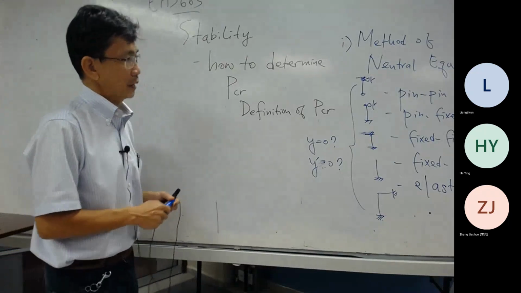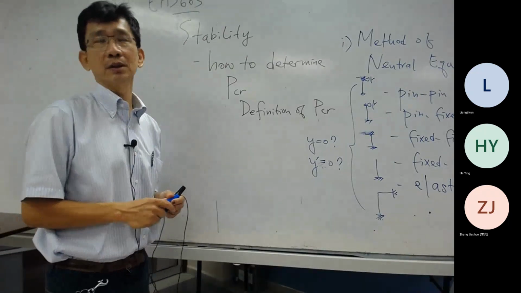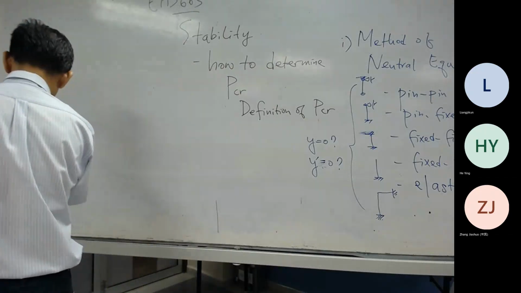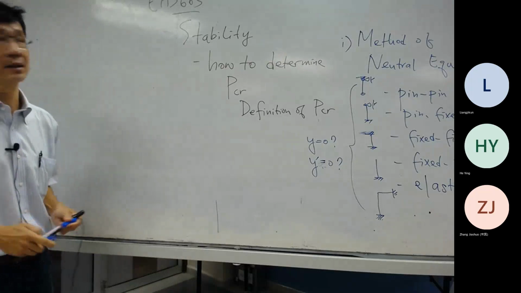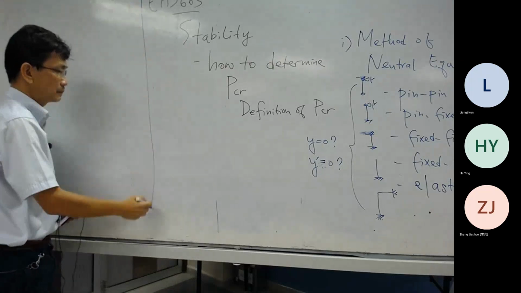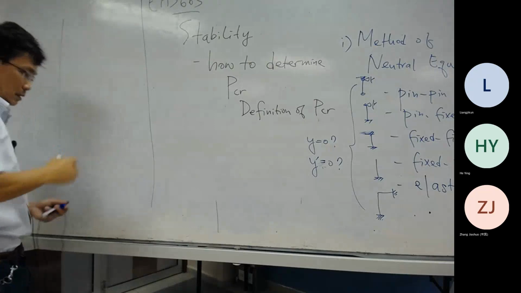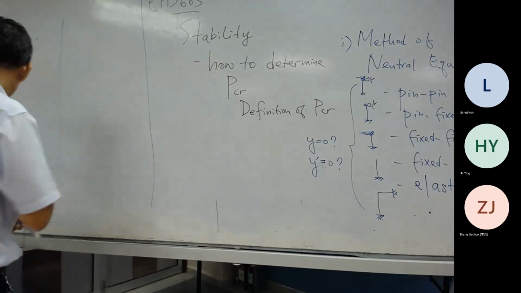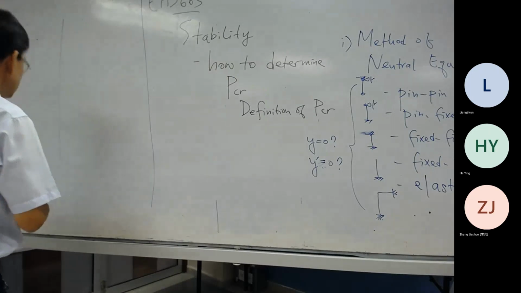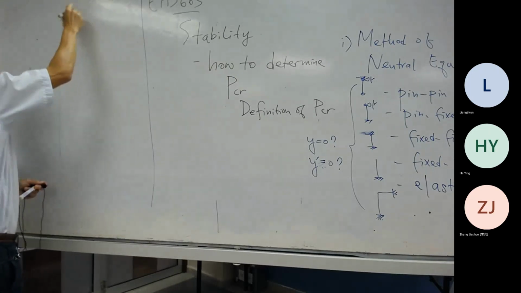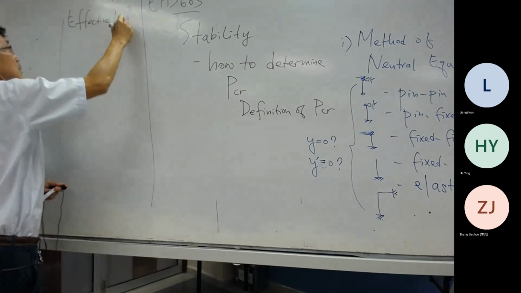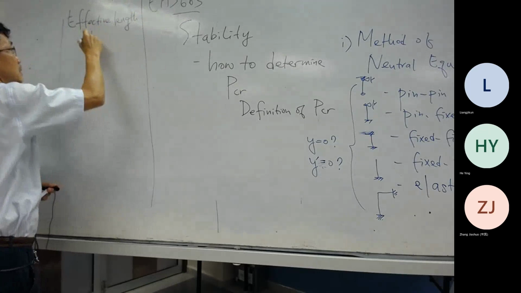And we have also looked at the concept of equivalent or effective length. You have to know the definition of effective length. Effective length is one of the important things to know when we are dealing with members in compression.